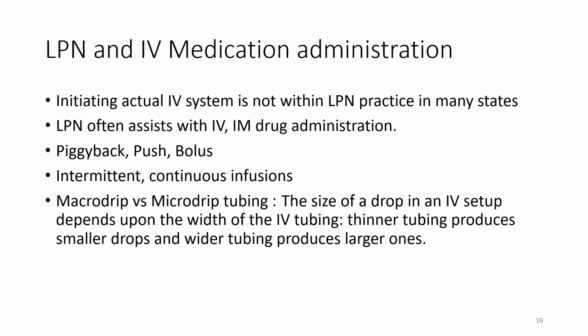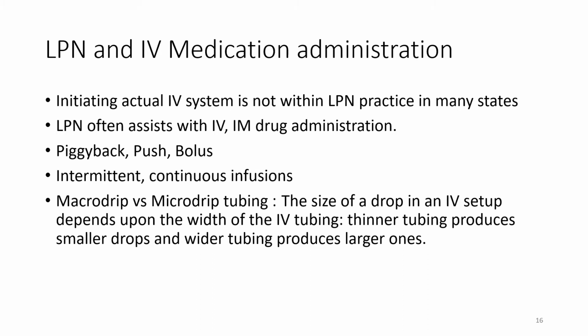With macro drip tubing, the tubing is wider, so that's why you're seeing those larger drops. The micro drip tubing is smaller. This is what you would use for children or infants, or if you're infusing something that's very irritating to the skin, very sensitive medications where you want to better control the flow.